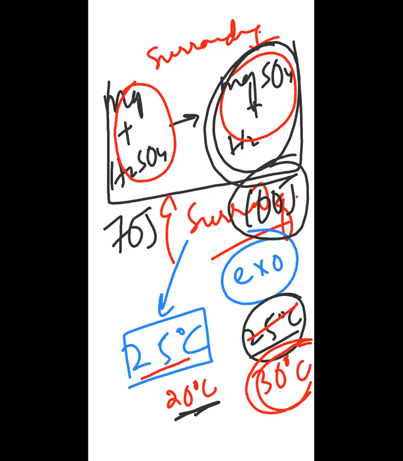Products will be less energetic compared to reactants because they are releasing their internal energy to the surrounding. So the energy of the product will be less in case of an exothermic reaction, and the temperature of the surrounding will increase.